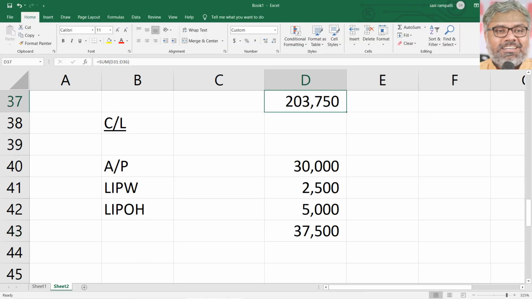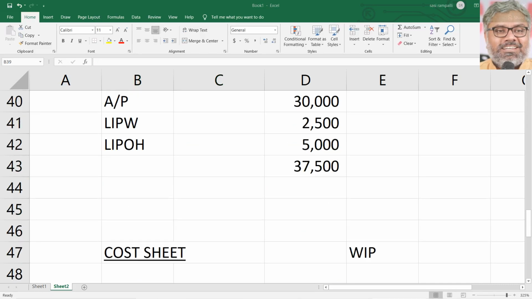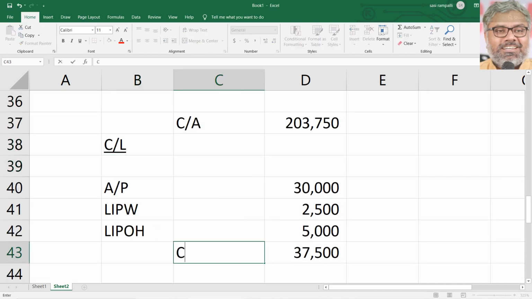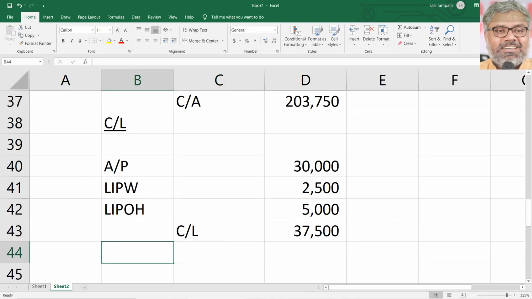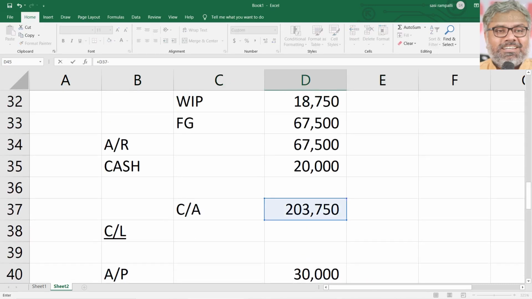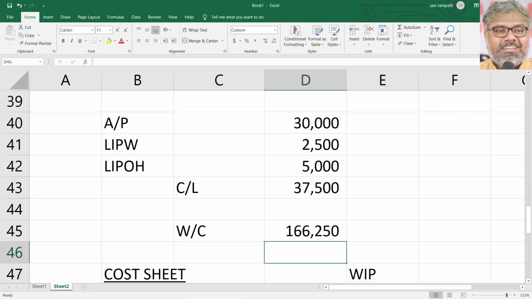Now that we have the total of current assets and also the total of current liabilities here, how much will be the working capital requirement? That will be current assets minus current liabilities. That is 1,66,250.